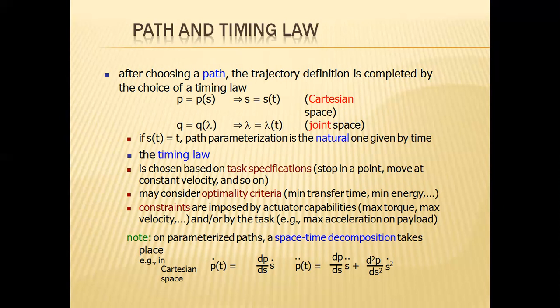And q is equal to q of lambda, where lambda is equal to lambda of t, which is the joint space, and the joint curving positions or different wave representations lead to lambda. Here, q represents the joint space.